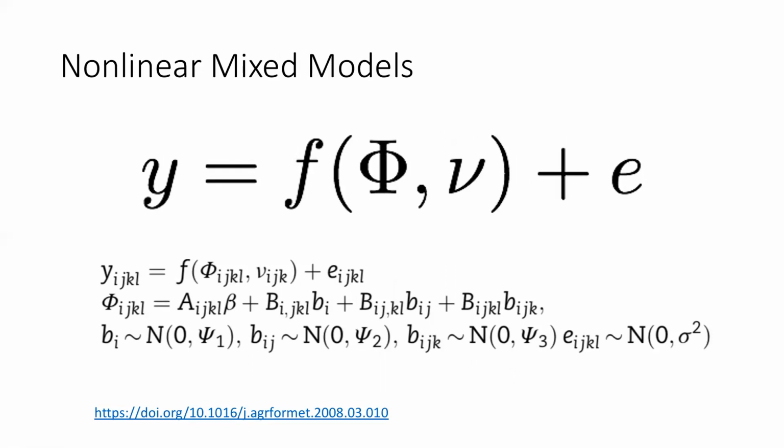Now, the jump from linear models to nonlinear models is not straightforward, and there's more than one way to do this. But the example I'm giving you here is where you have some function that relates the coefficients in that nonlinear formula and some covariates. In this example, this function was a logistic function that relates those coefficients to those covariates.